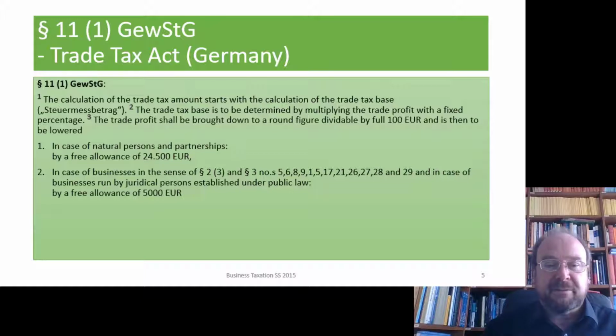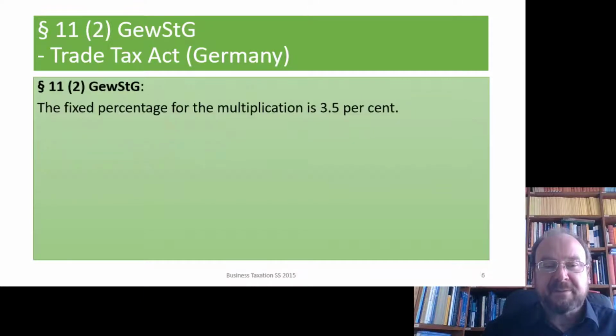And then you deduct a free allowance of 24,500 in several cases, in other cases not. And the result from all this will be multiplied by 3.5%. That is then the trade tax base, the final one, which will be allocated to the different cities.